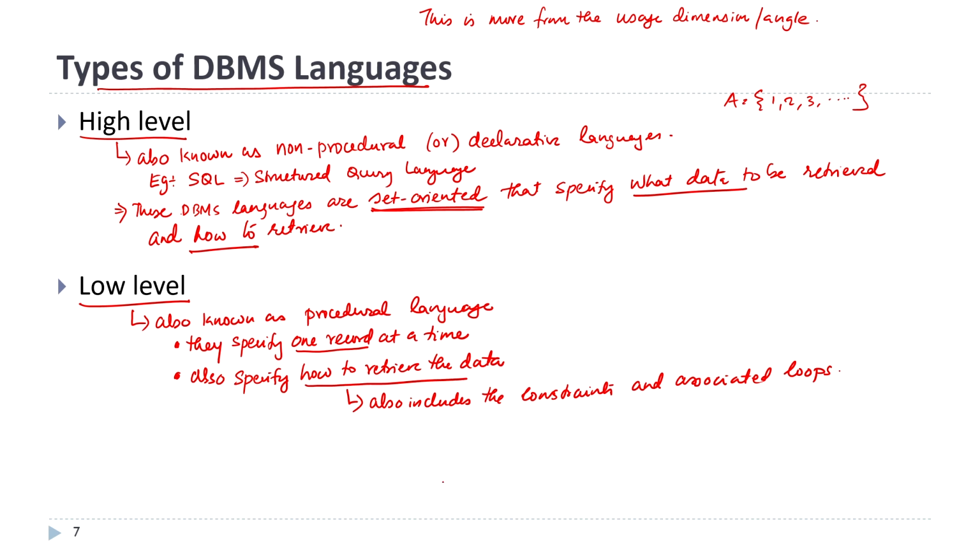So, it tells you the constraints and the associated for loop, while loop, do while loop, whatever it is. Whereas, the other one, because you are retrieving a set, tells what data is to be retrieved and how to retrieve the data, but there is no need to specify constraints and loops.